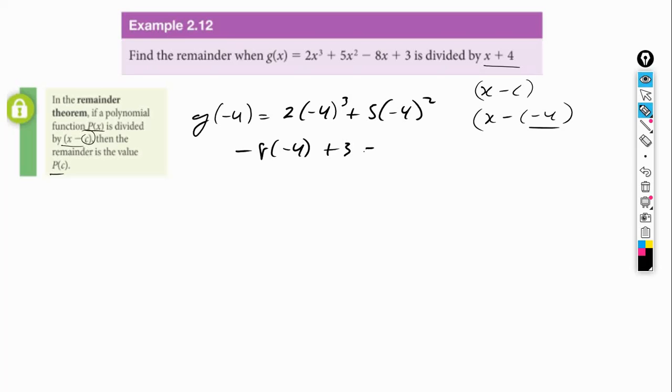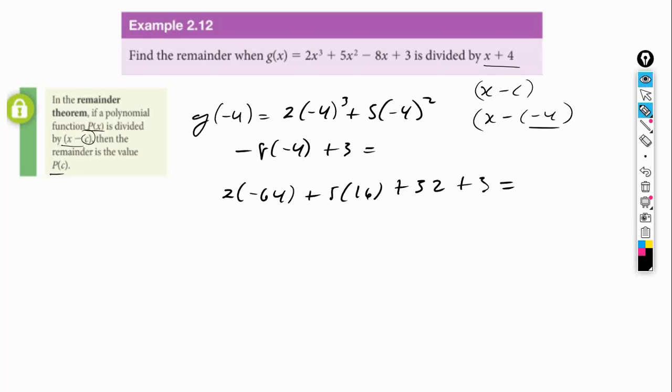And this is going to give us 2 times negative 64 plus 5 times 16. And then we know that negative 8 times negative 4 is 32, so plus 32 and then plus 3.